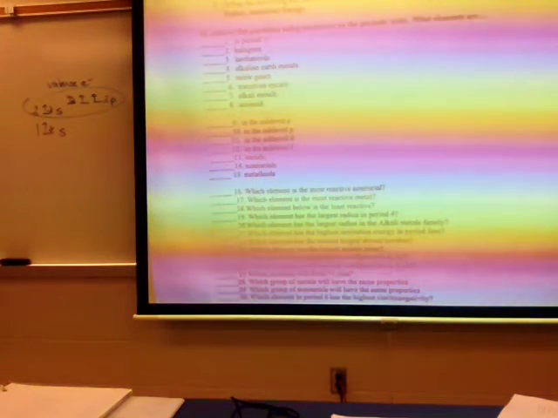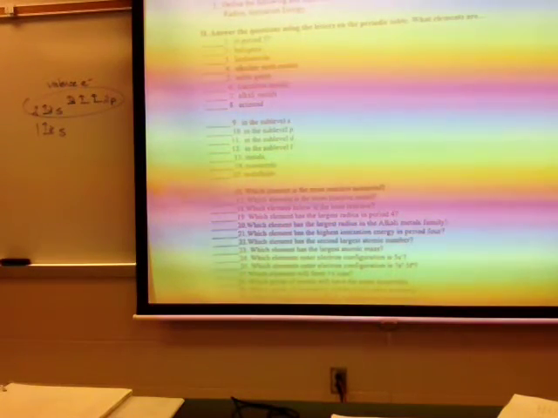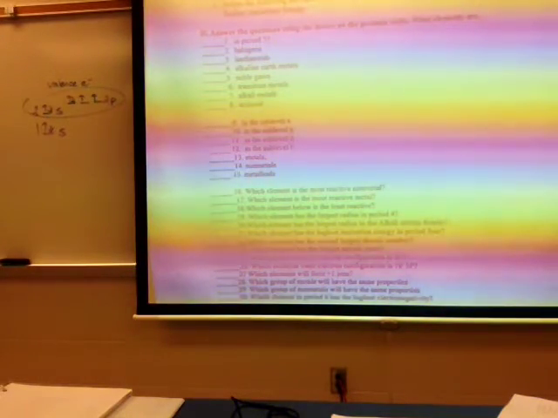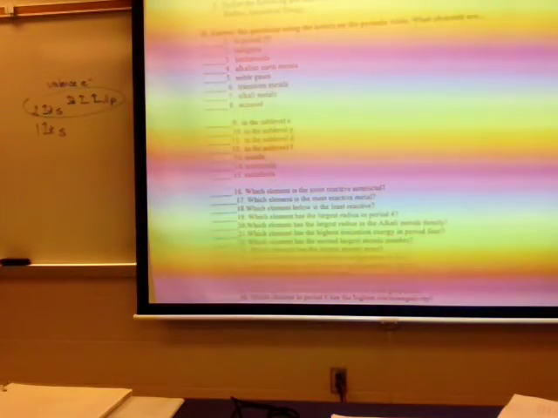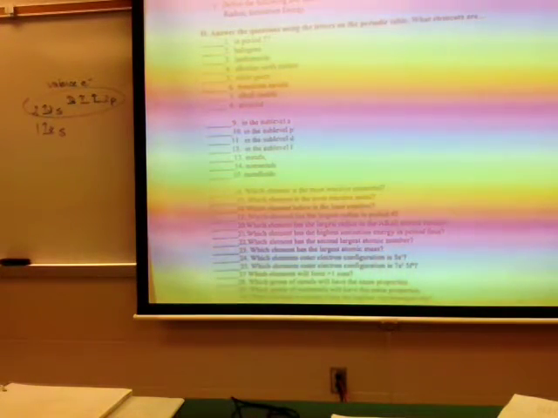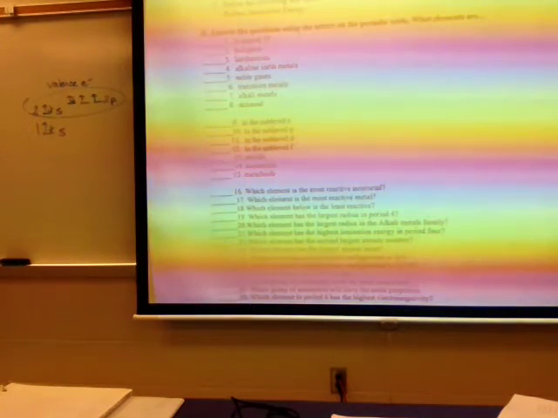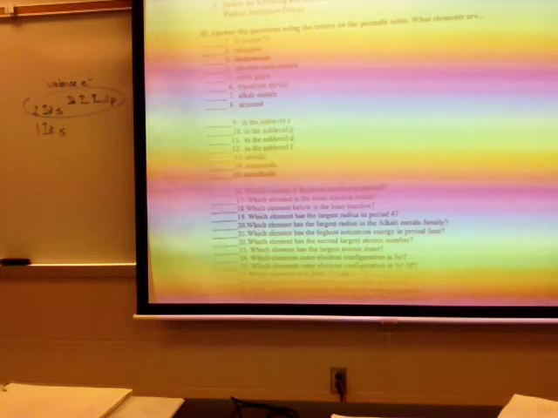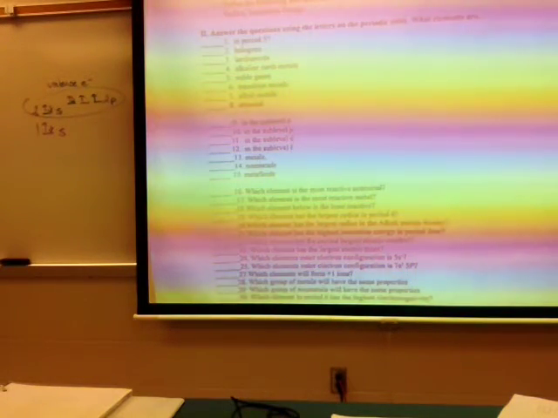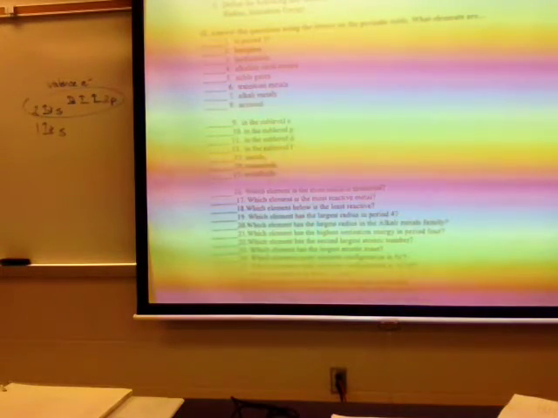So now, using the periodic table that's on the bottom and the letters at the very bottom of the page, what elements are in period 5? And you can have more than one letter. So period 5, what do you look for to find period 5? What about rows? You go and find the 5th row. So period 5 is the 5th row. What elements on the periodic table at the bottom are in row 5?